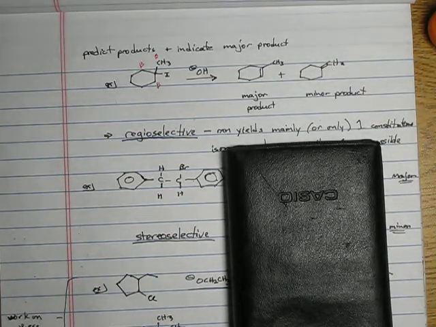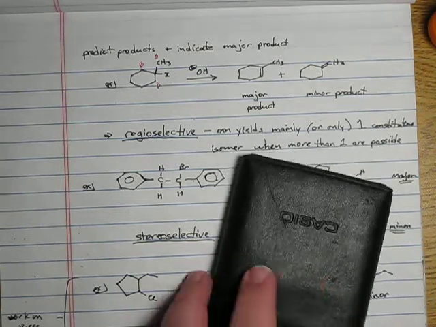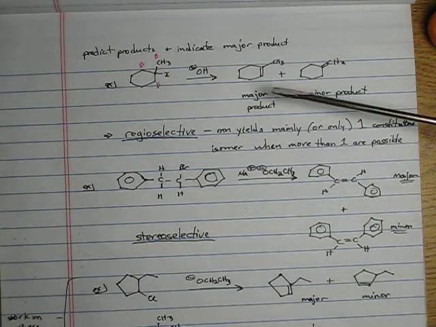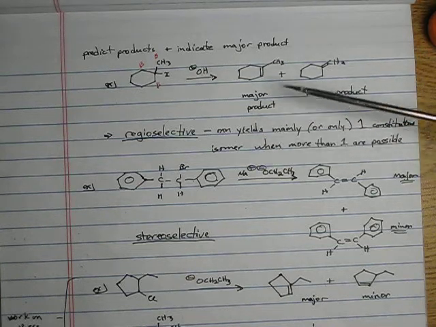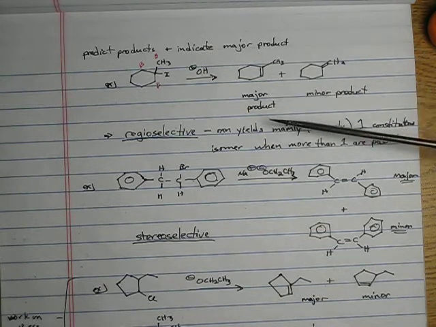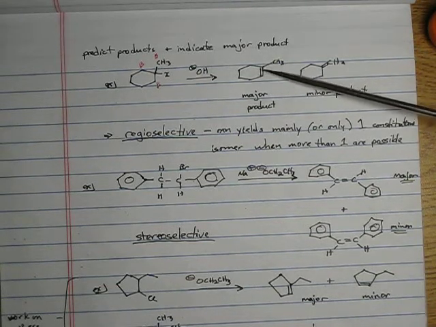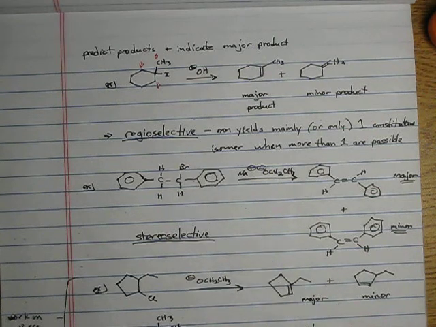Makes sense, there are my notes. Note that because the major product can be predicted, because we know the region where the double bond will be, with the double bond inside the ring versus outside the ring, we call these regioselective reactions. We mainly get one major product and we can predict the place in the molecule where the double bond will be.